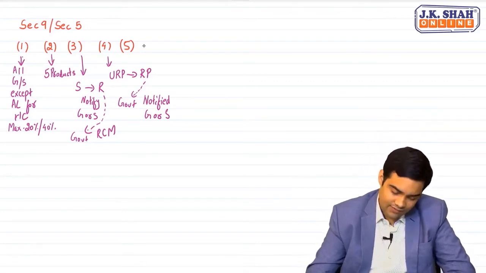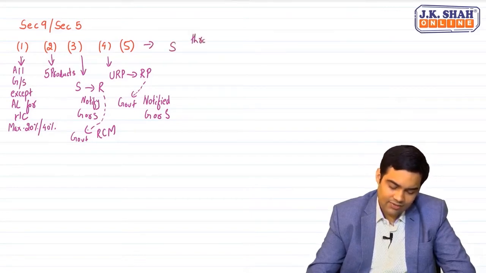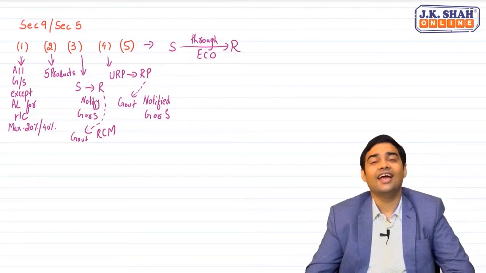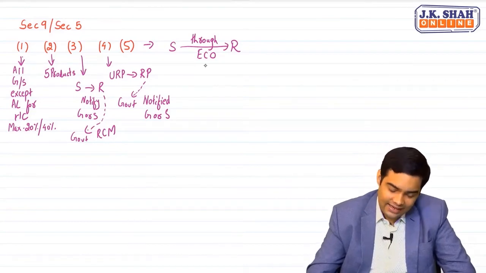And 9.5 is a provision where the law says that if there is a service supplied through eco, not by eco, be very careful. The service is supplied through an e-commerce operator and it is a notified service.